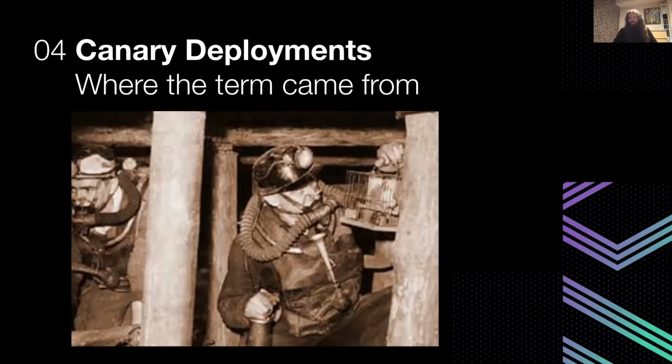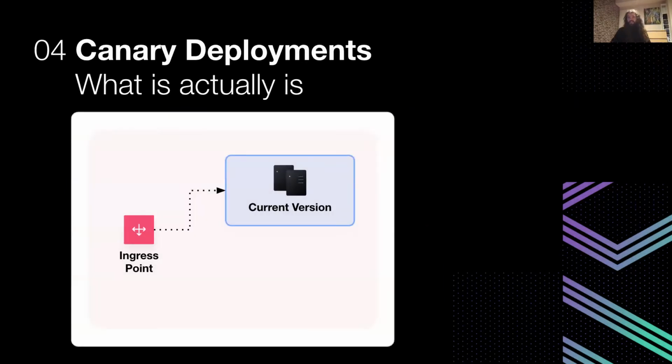And unfortunately for the animals, they were used as a designation for when it was too dangerous for a person to stay down there. Now, luckily for us, our deployments no longer involve any kind of similar treatment to canaries. So let's move on into defining what actually a canary deployment is and how it helps us mitigate risk in running that in our environments.